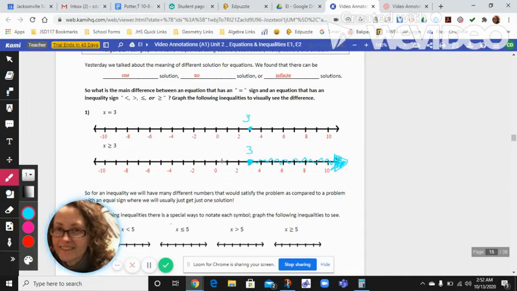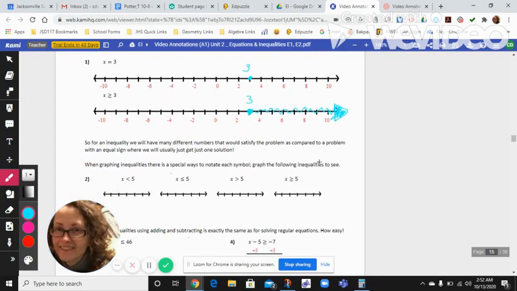Nothing to the left of 3 will work, though. So, for example, 0 is not greater than or equal to 3. So I don't want to shade anything over to the left, just to the right.